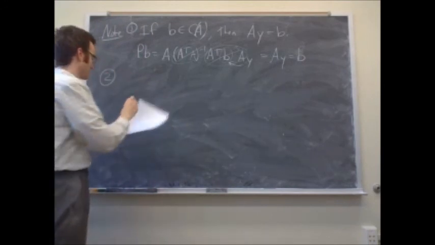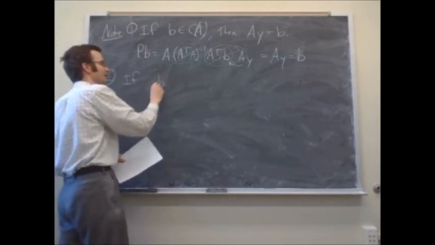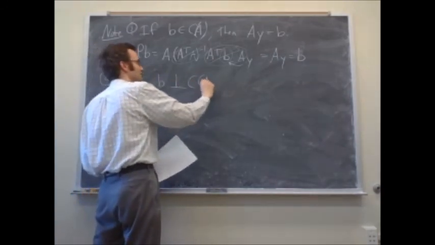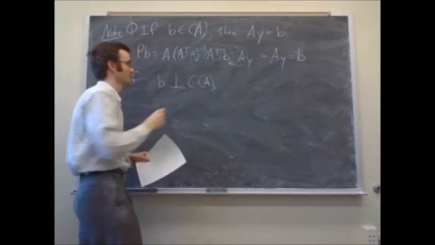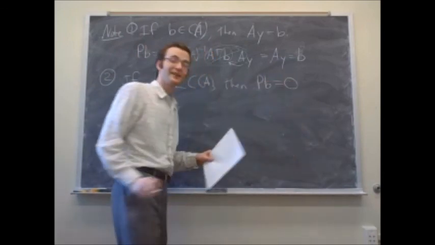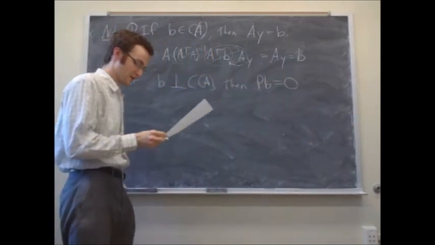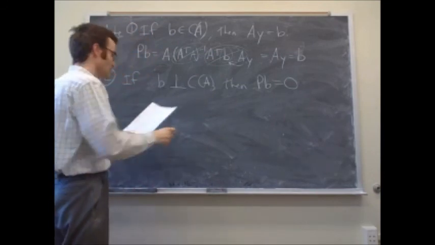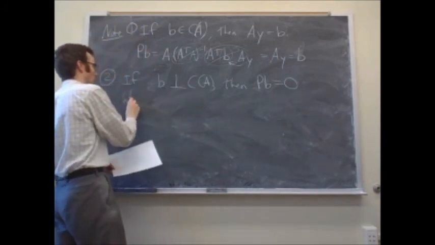2. If B is perpendicular to the column space of A, which could happen, then the projection of B is 0. Why?